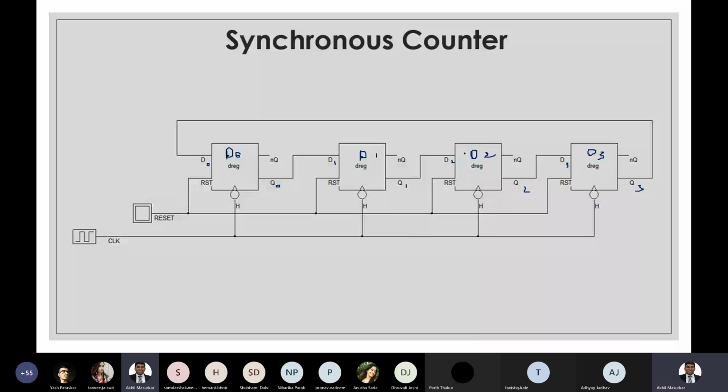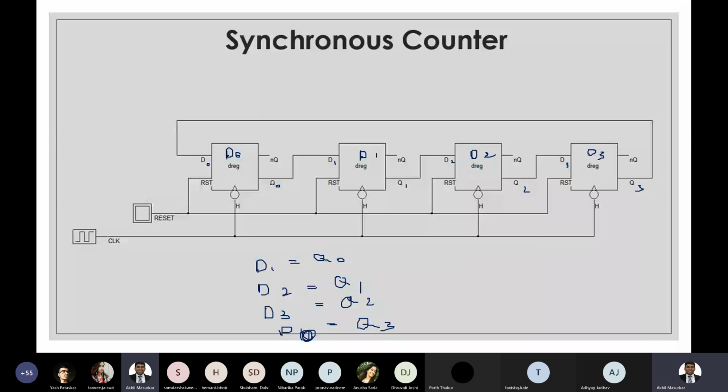Then D2 is directly connected to Q1, D3 to Q2, and D0 is equal to Q3. So these are the conditions we have found: D1 is Q0, D2 is Q1, D3 is Q2, and D0 is Q3. These are the terminals.